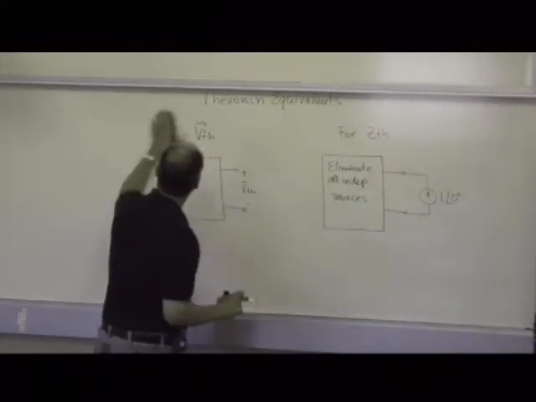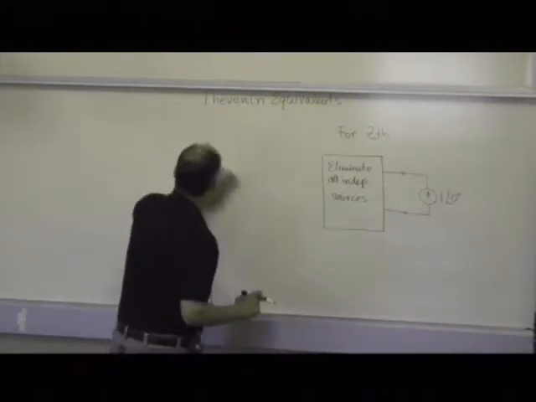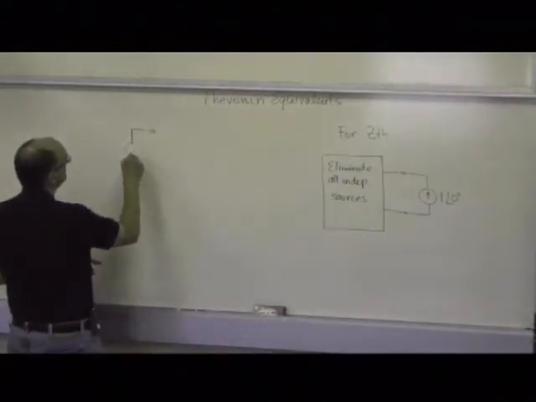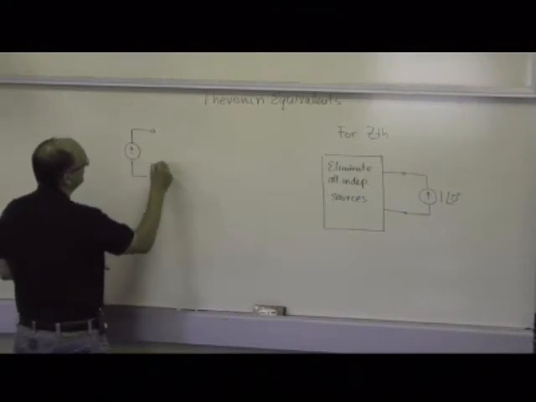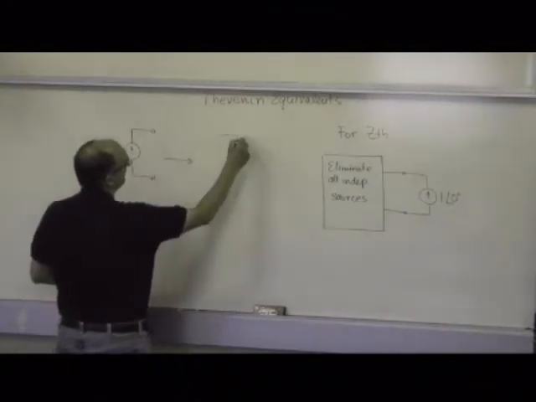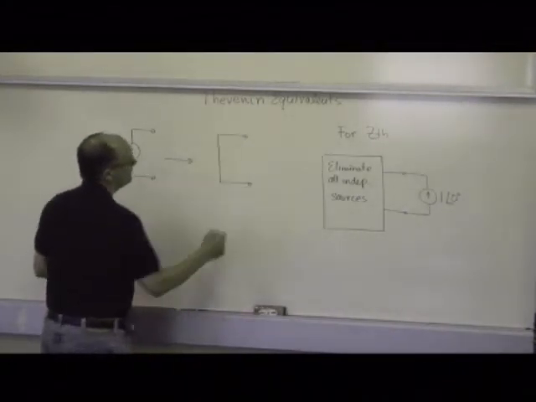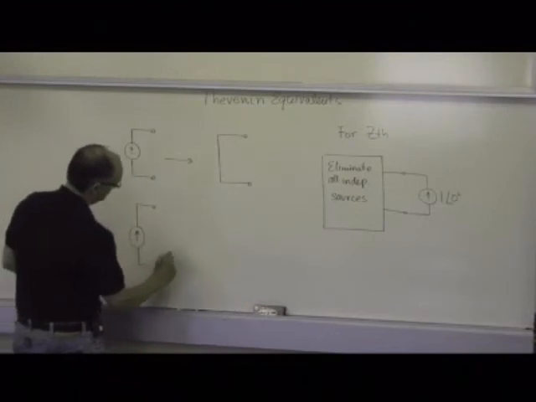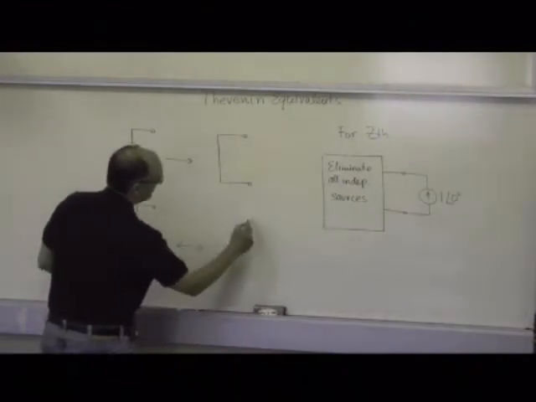And by eliminating, that means if you have a voltage source, you simply short it out, turn it into a piece of wire. If you have a current source, you open it up.